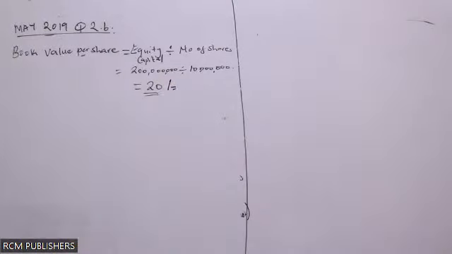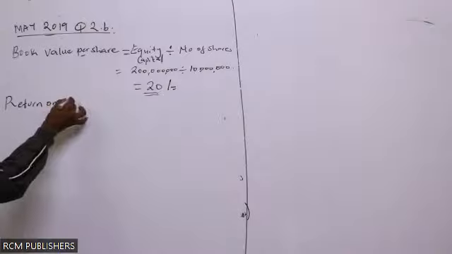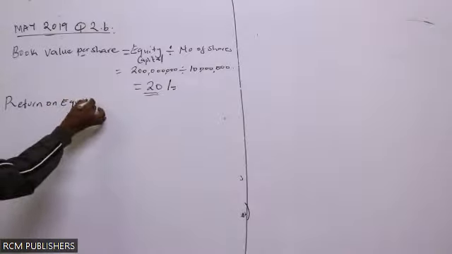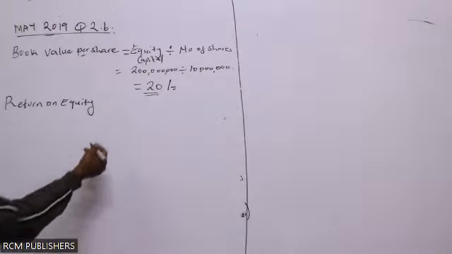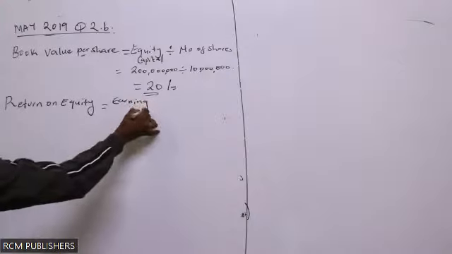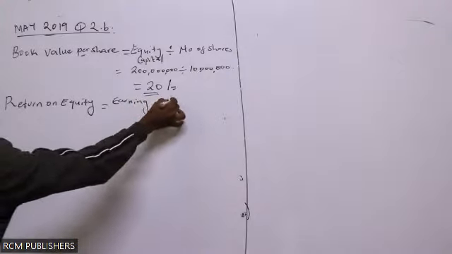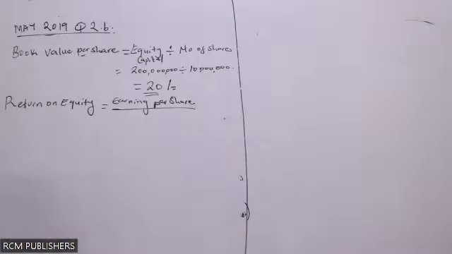So from that point, what will be our return on equity? How do we get return on equity, in other words? Return on equity is given by earning per share divided by, what do we divide by?